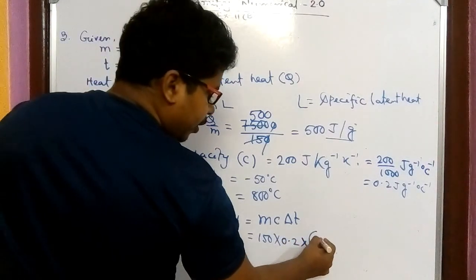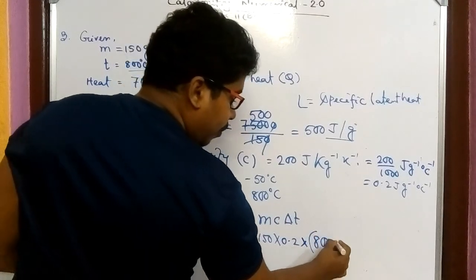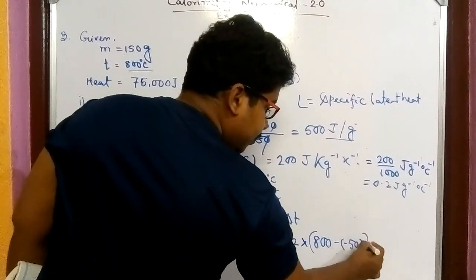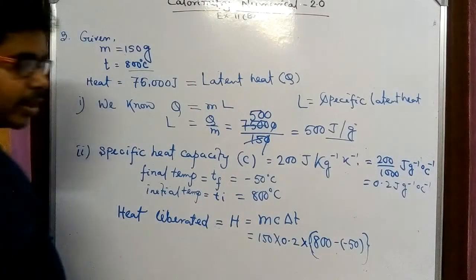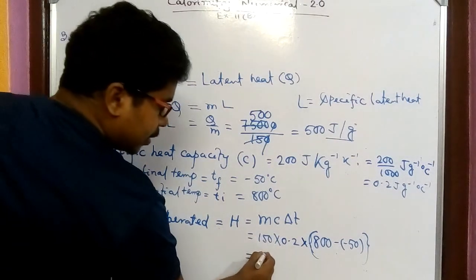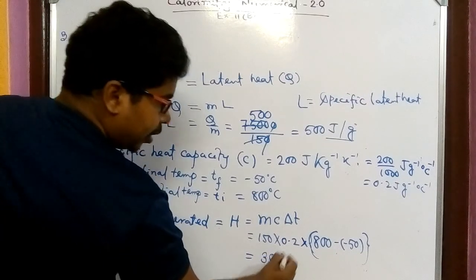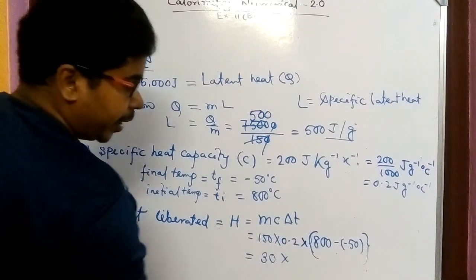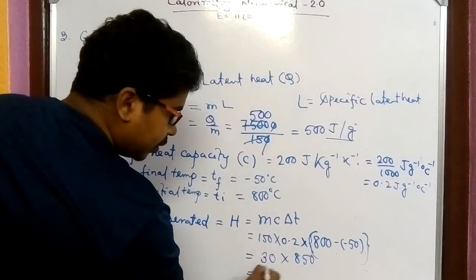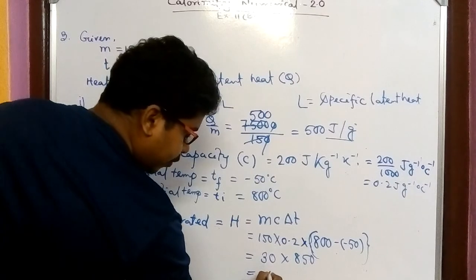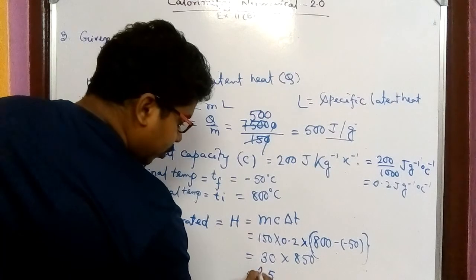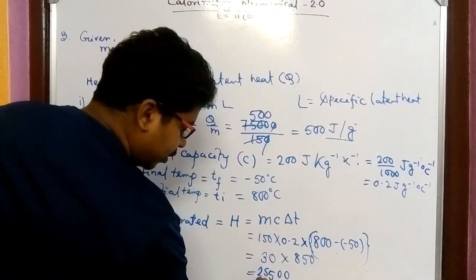So what is the temperature difference here? 800 minus of minus 50. So it is clearly 850. So it is 150 into 0.2. So we can write it is 30 into 800 minus of minus 50, so it is 850 multiplied. 3 5s are 15, 1 3 8s are 24, 1 25. 2 zeros are there.